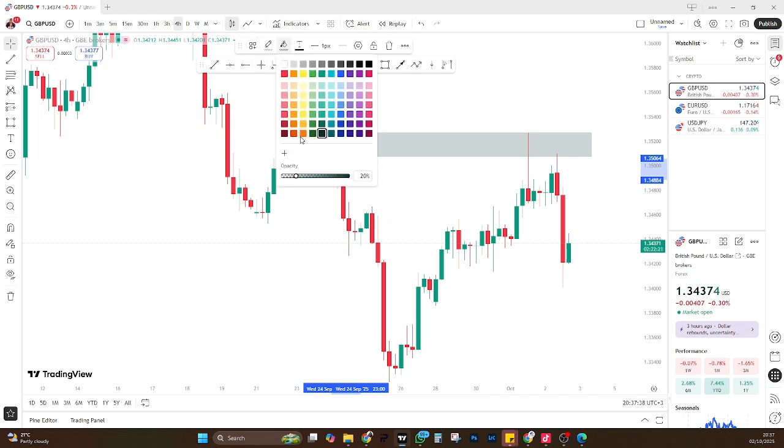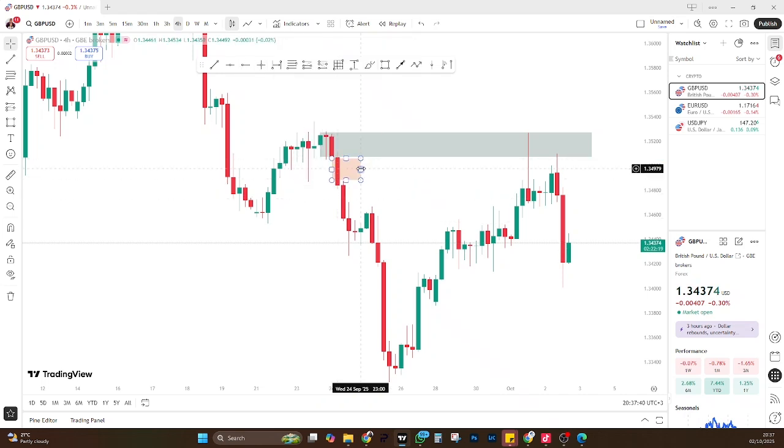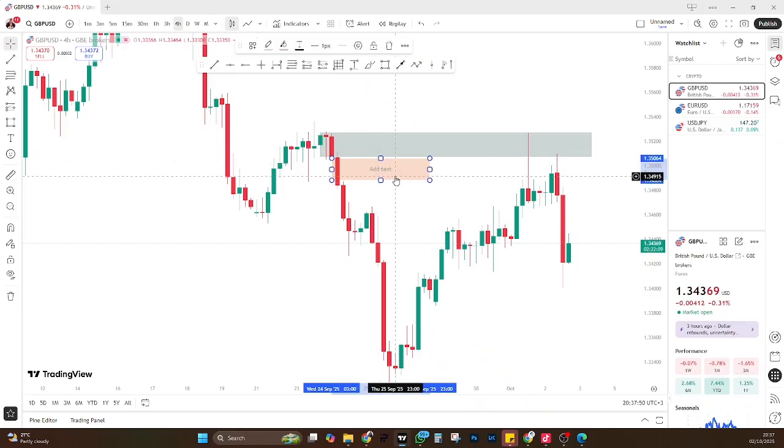The market just moved at once. So it left a gap between the last price action and the next price action. This gap here is what we call FVG, or imbalance.